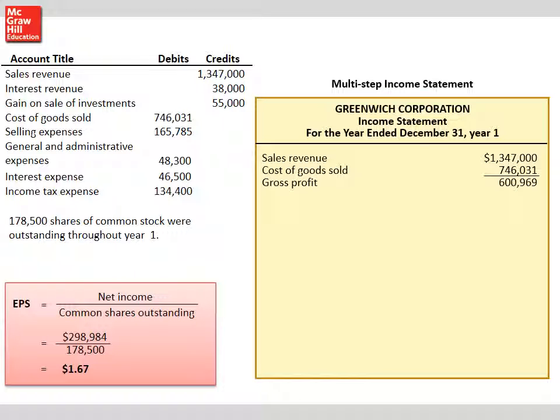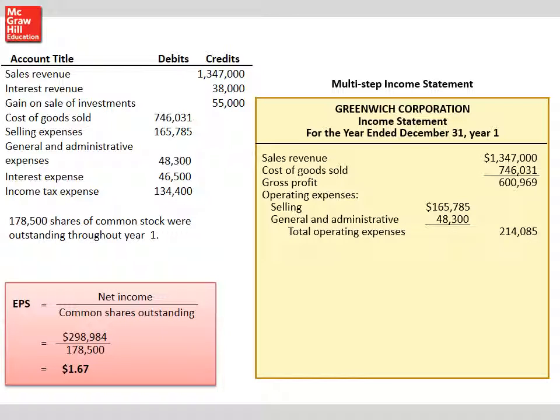Now we start listing our operating expenses. Selling expenses. General and administrative. In this case, there aren't any other types of operating expenses. They're added together and labeled. And then total operating expenses are subtracted from gross profit to get operating income, the income the company made purely by opening and closing its doors every day.